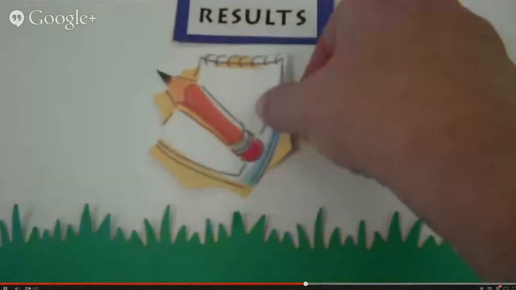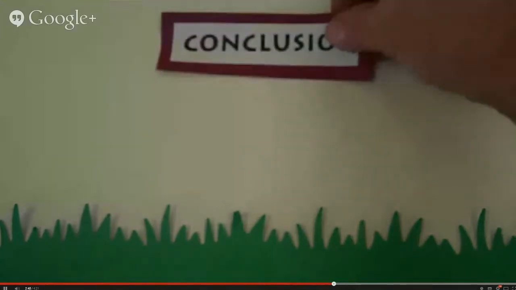The next step is to gather your results. You interpret your data. Organize your notes and records to make them clear. Make diagrams, charts, or graphs to help. The last step, making your conclusion.